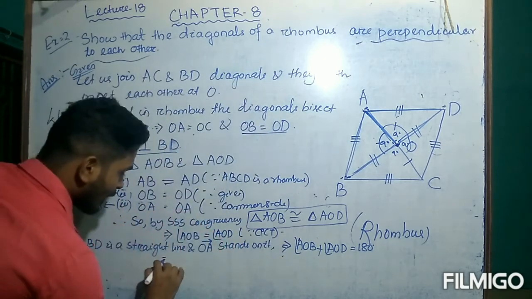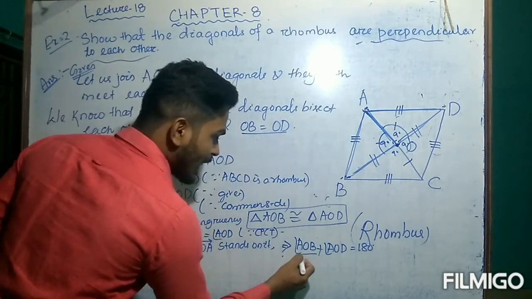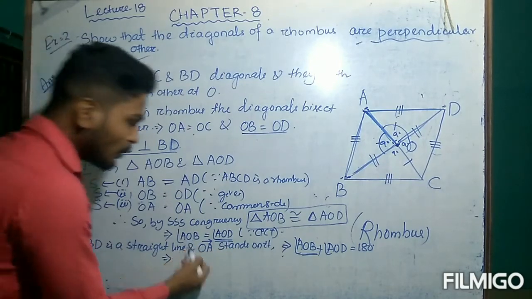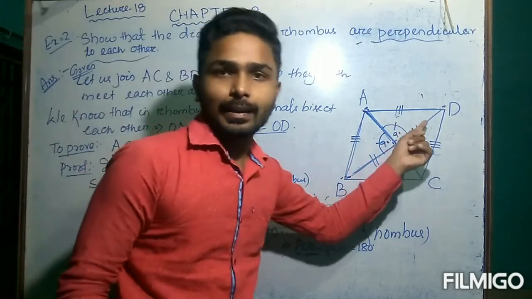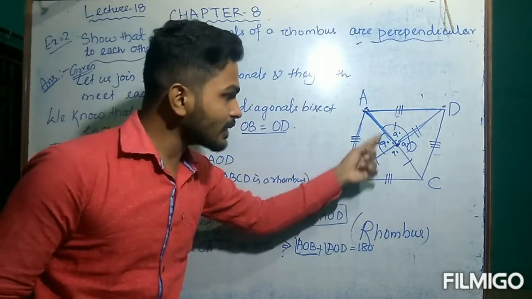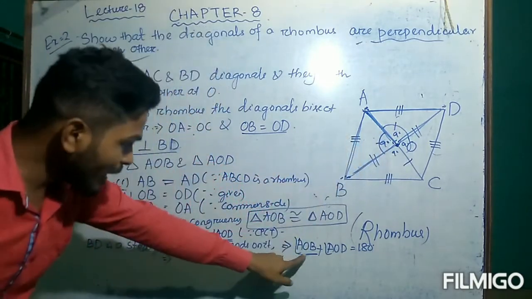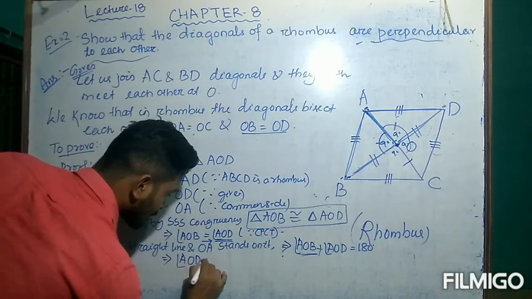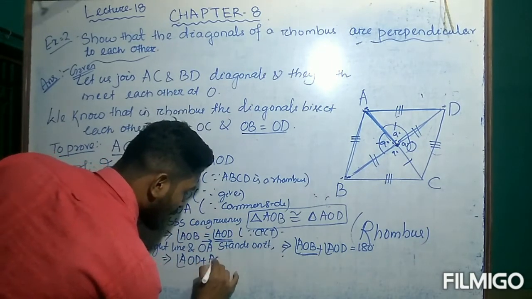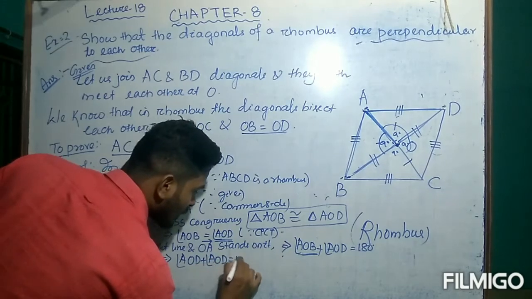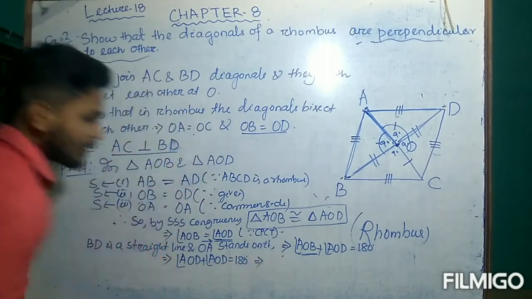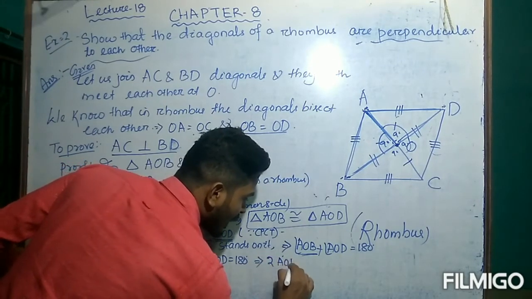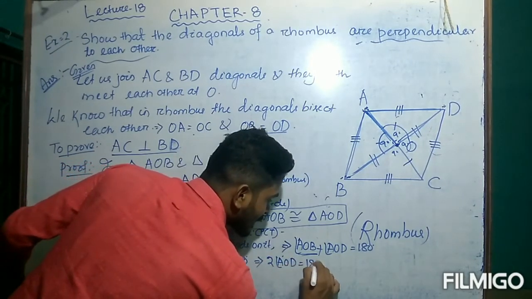Next, in the place of AOB, can we substitute AOD? Yes, because we have proved that AOB and AOD are equal angles. They are the corresponding angles of the congruent triangles. So in the place of AOB, we can substitute AOD: AOD plus AOD is equal to 180 degrees. This implies 2 AOD is equal to 180.